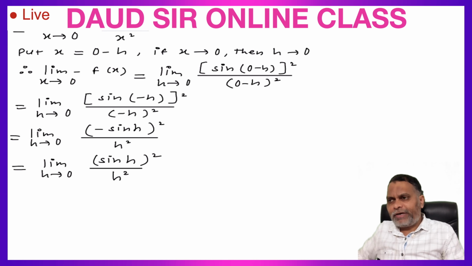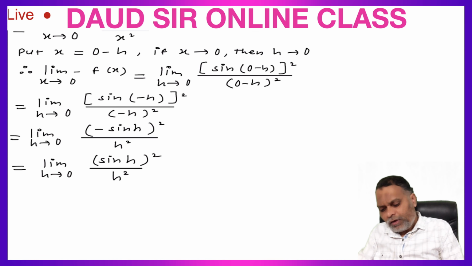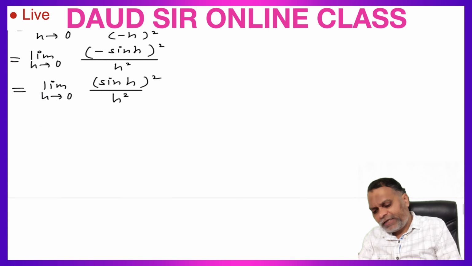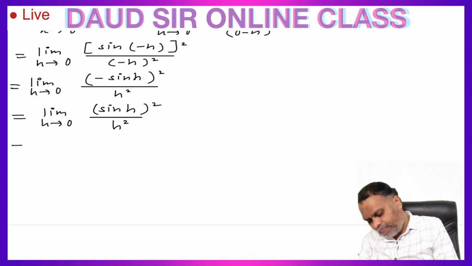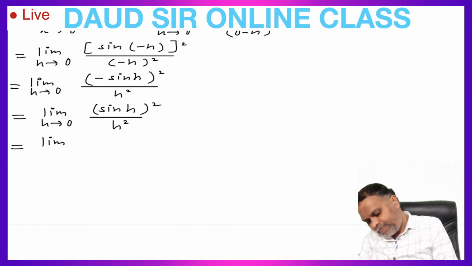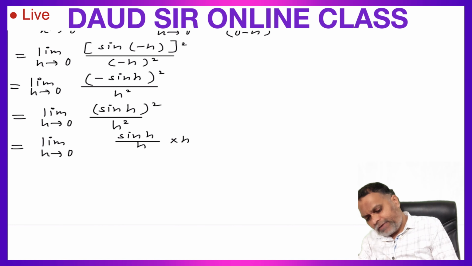For making the limit, we can divide this sine h by h and multiply by h. Limit h tends to 0, sine h dividing by h and multiplying by h and its square upon h square as it is.